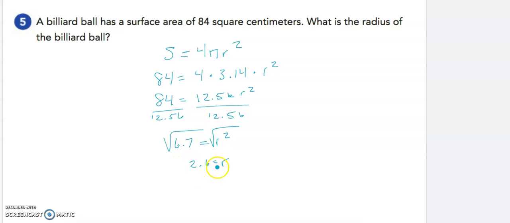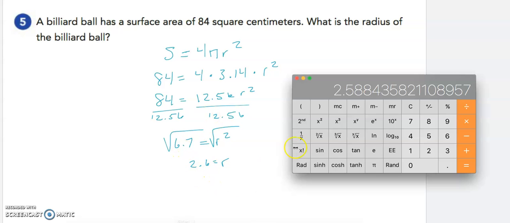The original answer I got was, just real quick, 84 divided by 12.56. If I found the square root of just that, that gives me 2.58, which is good, which is what we got.